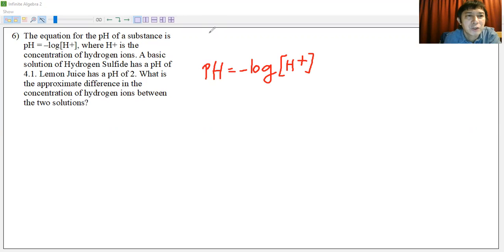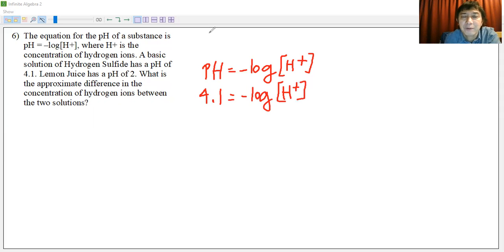A basic solution of hydrogen sulfide has a pH of 4.1. So this is for hydrogen sulfide. That's 4.1, and that goes here. 4.1 is equal to negative logarithm of the concentration of hydrogen ions there.